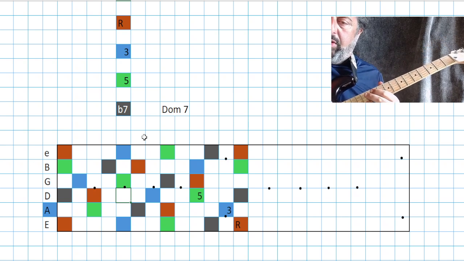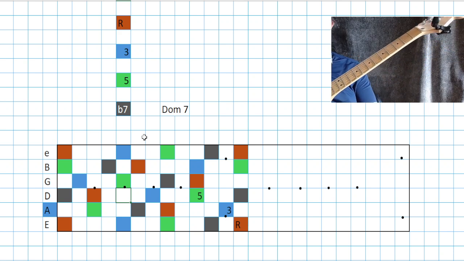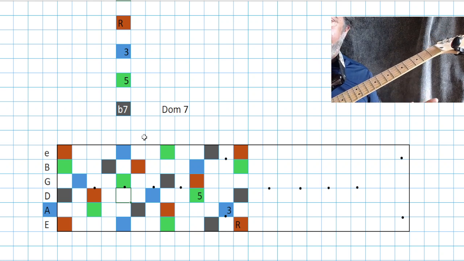I just felt like I was telling a story with the chord there. You add in that 7, and now you've got places to play in between the root and the 5.